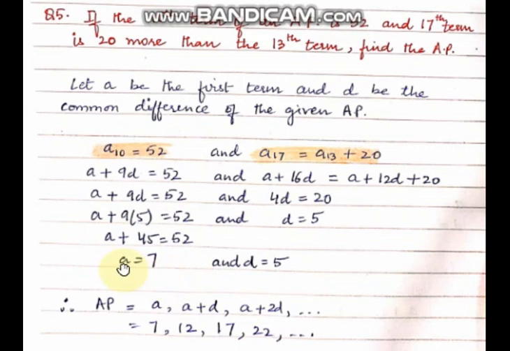Once I have A and D both, I can easily find the AP. The standard form of the AP, you are aware, is A, and then jump size, 1 jump, 2 jumps: A plus D, A plus 2D, and so on. So 7, and 5 more is 12, 12 and 5 is 17, 17 and 5 is 22, and so on. This is how I can list down the numbers of the arithmetic progression following this condition.